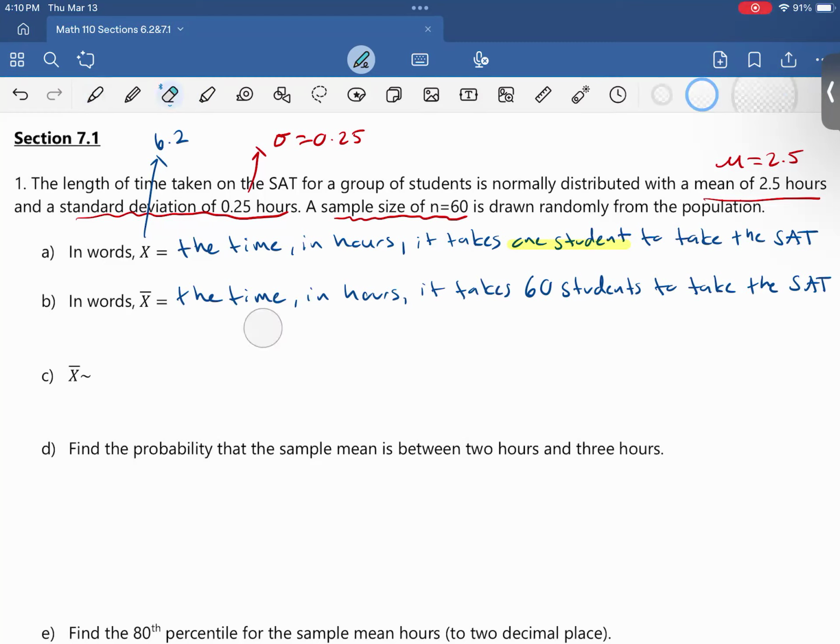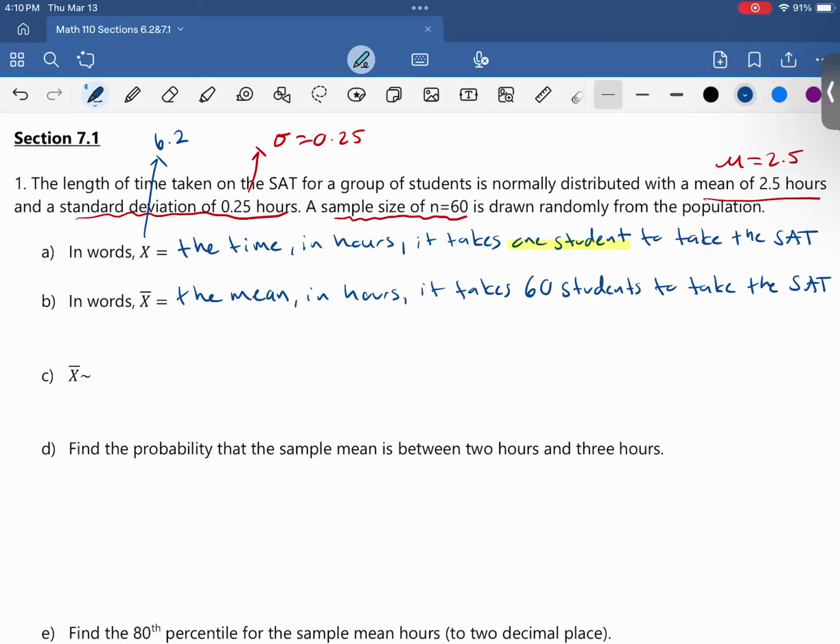Excuse me, I have a typo here. It's not time, it's the mean, because we're talking about the sample mean. So the mean in hours it takes that sample of 60 students to take the SAT. Remember, for the central limit theorem, we were talking about sample means.